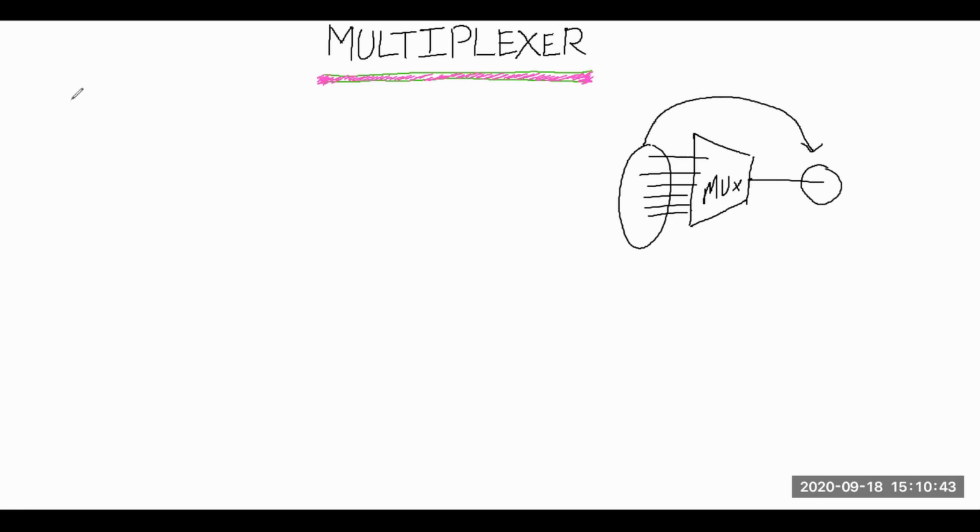If you want to draw a 2:1 multiplexer, you can draw it this way. Here two inputs are there, one is I0 and the second is I1, and one output is there, which is Y. This is a 2:1 multiplexer.